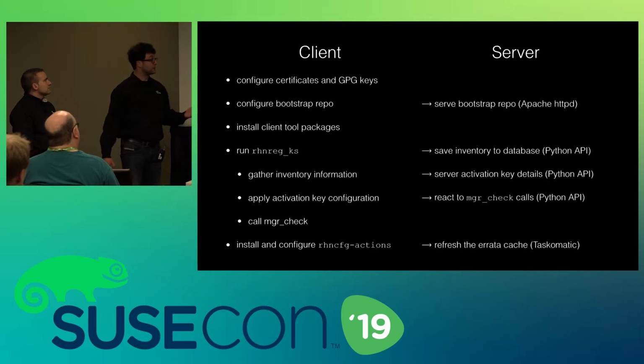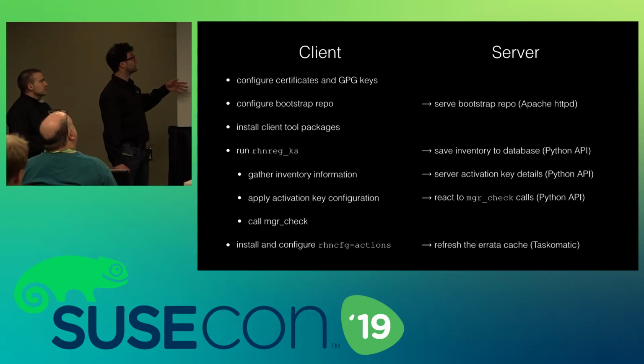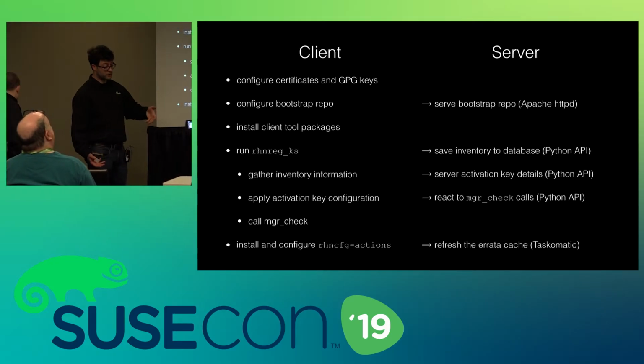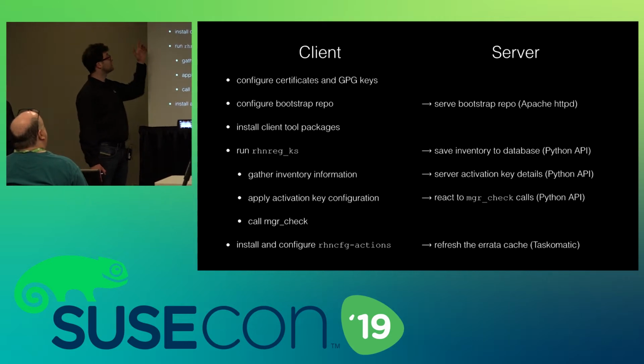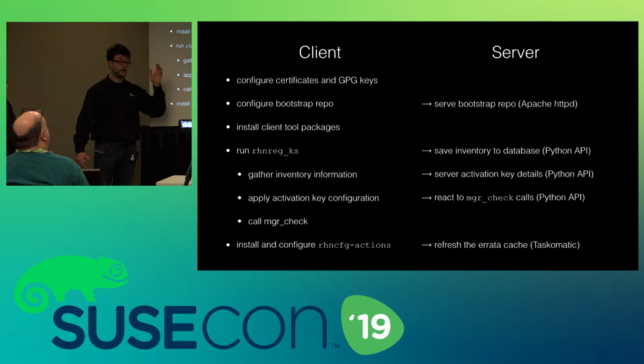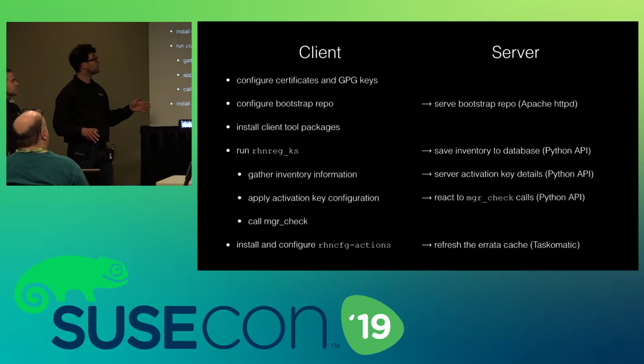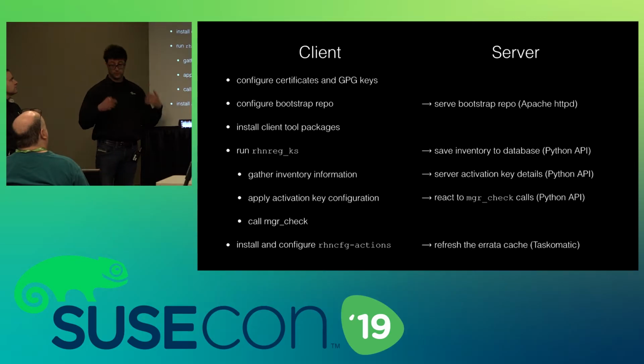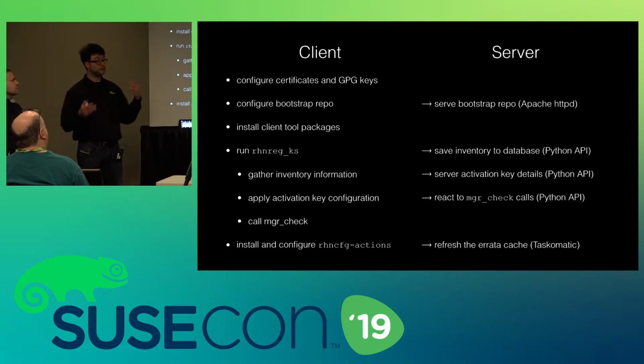What happens during registrations? Basically those things. You run the bootstrap script. What the bootstrap script does is, first of all, it configures certificates and GPG keys. Those are necessary in order to download any package from the SUSE Manager server. It configures the bootstrap repo and installs the packages that are needed on the client, for example, OZ.